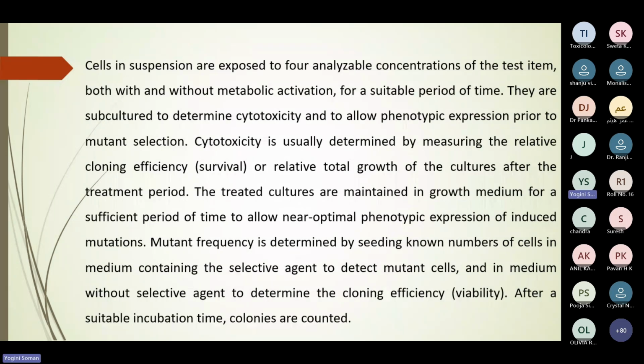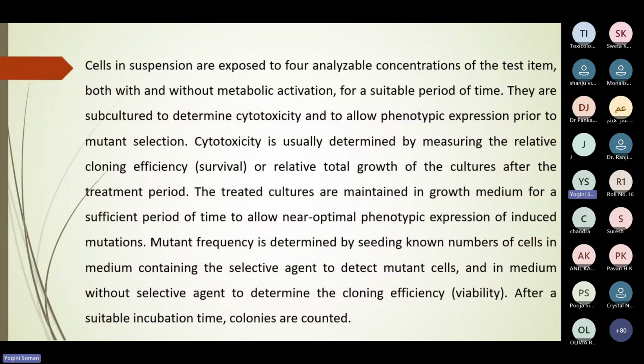In general, the cells in suspension are exposed to at least four analyzable test concentrations of the test item, both with and without metabolic activation, for a suitable period of time. Then they are subcultured to determine the cytotoxicity and to allow phenotypic expression prior to mutant selection.